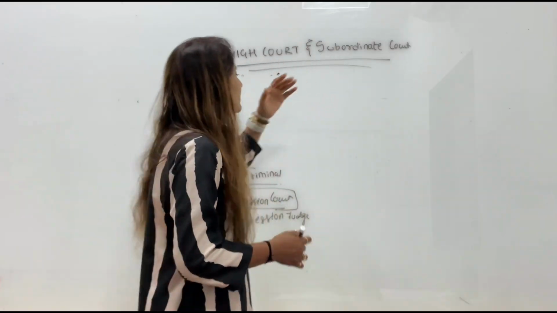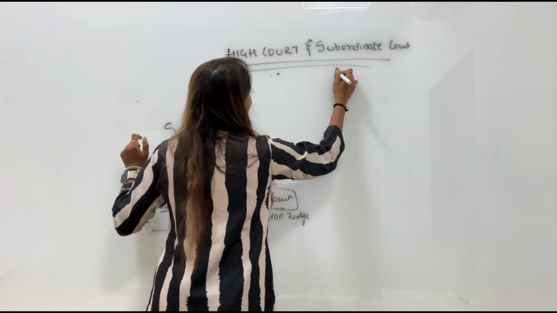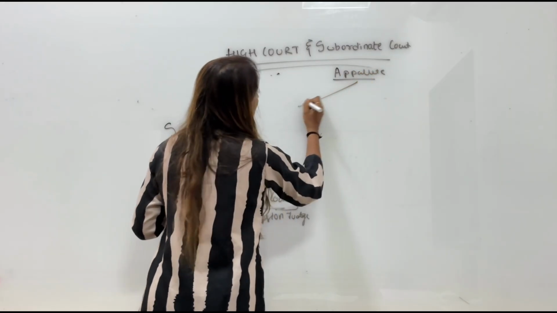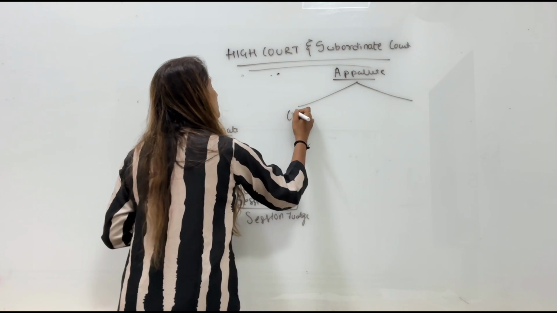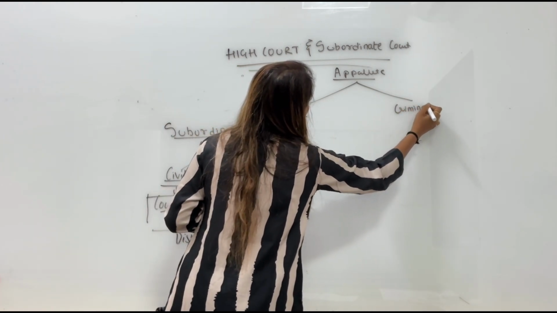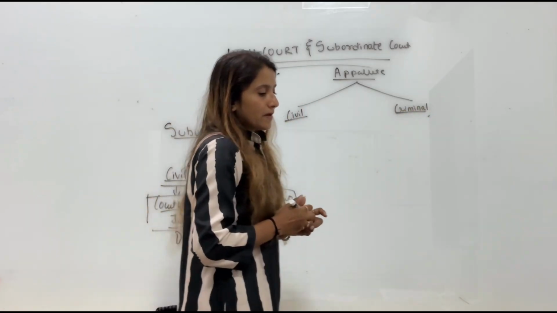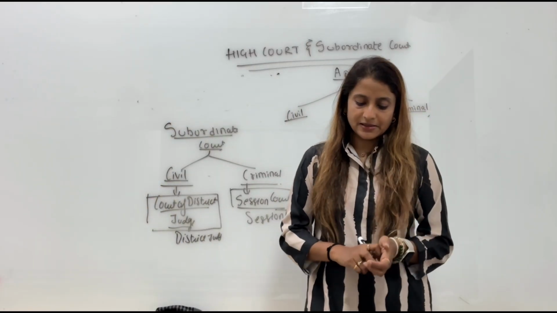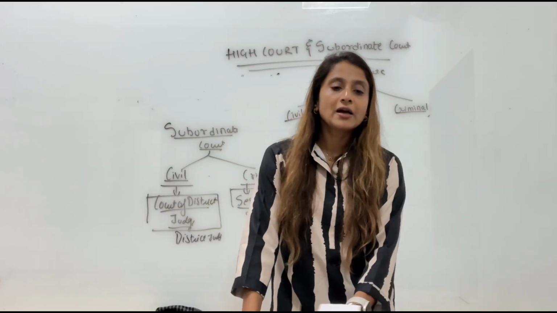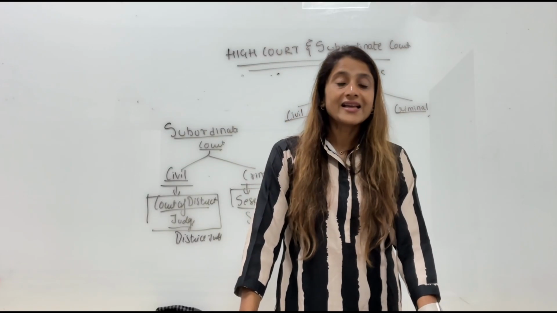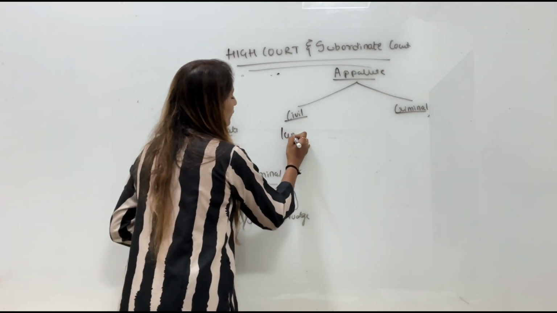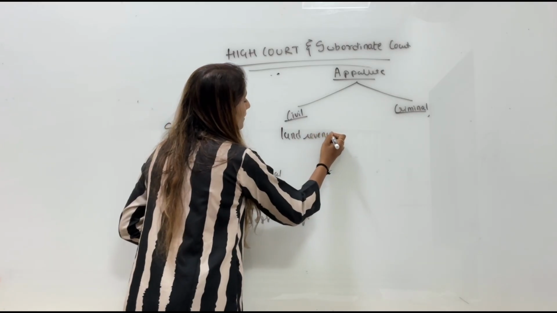Now, first let's understand appellate jurisdiction. It can be used for both types of cases, civil cases and criminal cases. In civil cases, you can appeal against a judgment of the district judge in case it is a matter of land revenue.